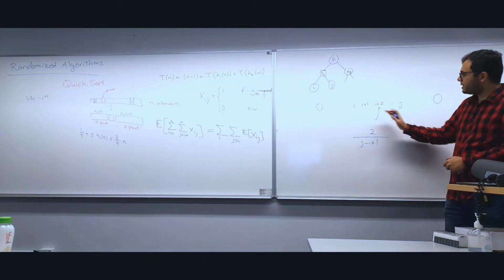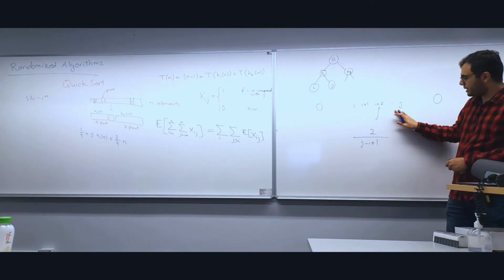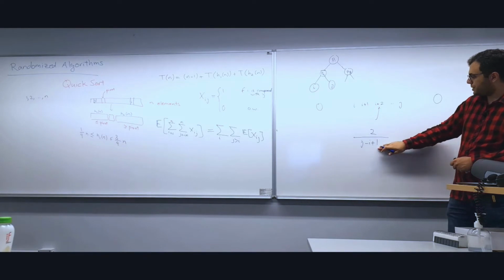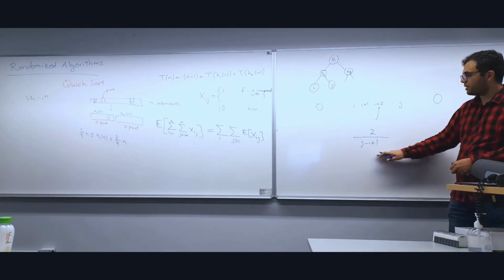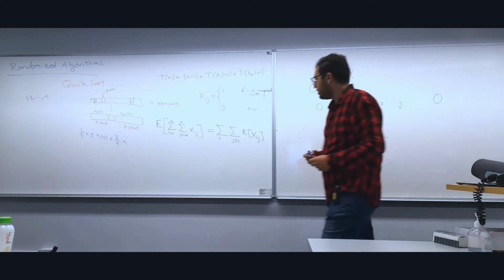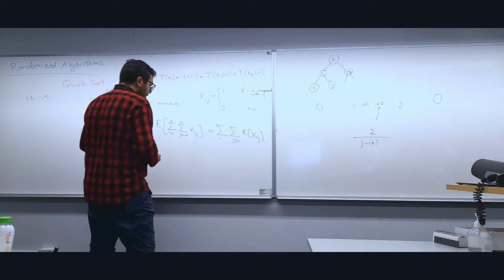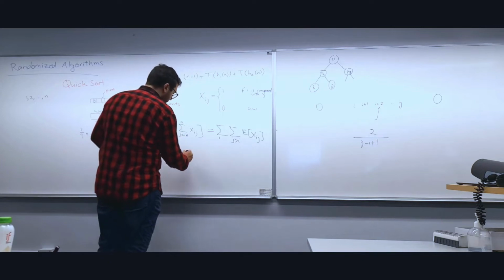So the probability that I and J get compared at some point is at most 2 divided by J minus I plus 1. So we can just plug it in here.